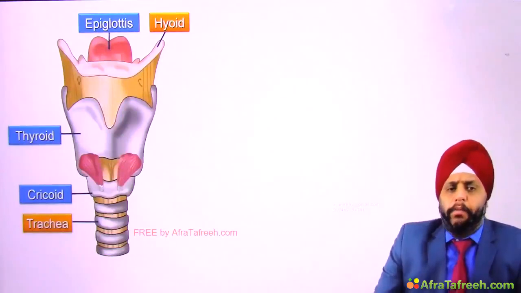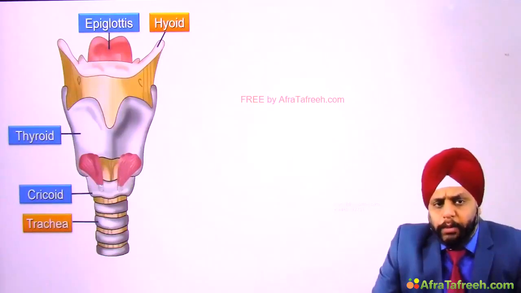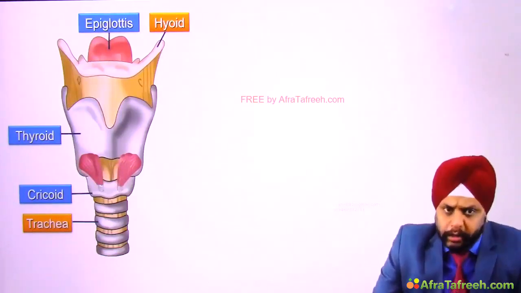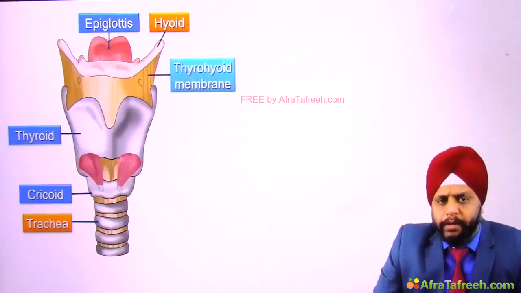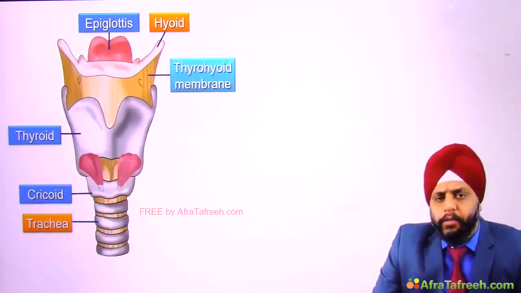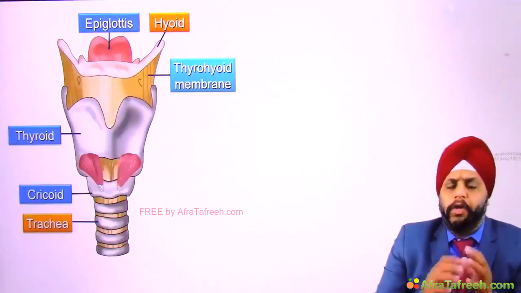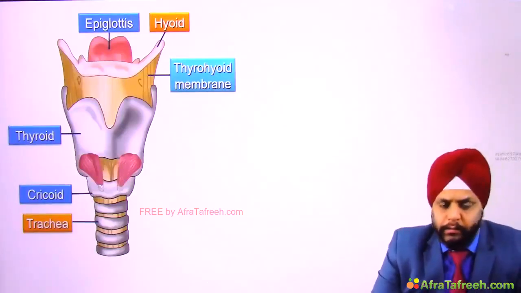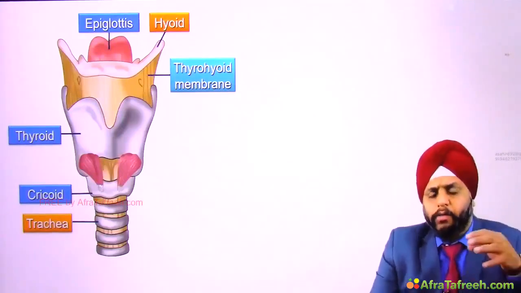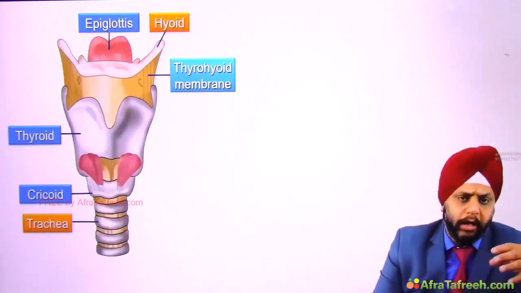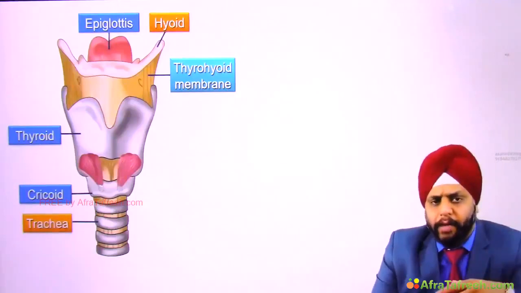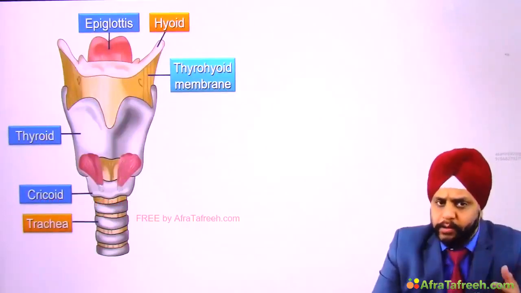Now between the hyoid bone and the thyroid cartilage, there is a membrane. This membrane is known as the thyrohyoid membrane. It's very easy to remember anything in the larynx. The structure is between two cartilages, so we can just club the names and we'll get the name of our structure.